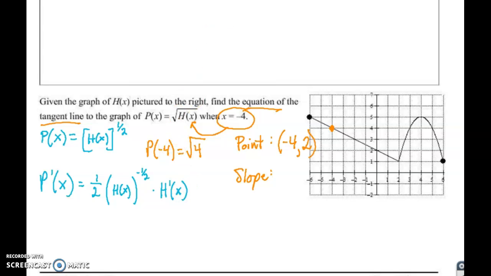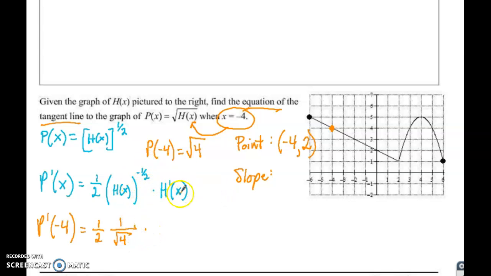So now, let me switch back to orange. When we do p prime of -4, because that's how we find the slope, it's 1/2. We already found h of -4 earlier. H of -4 was 4. So remember that with a negative exponent, it goes into the denominator, and we have to square root that.